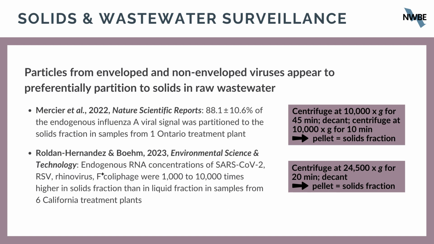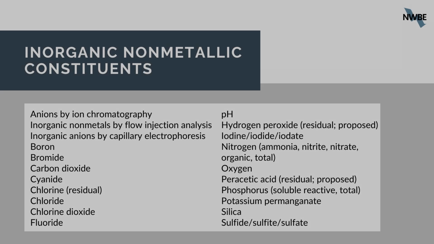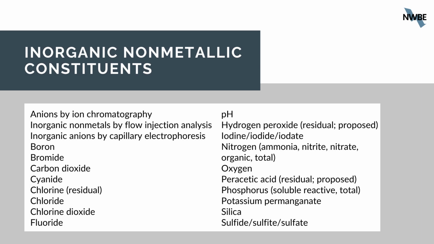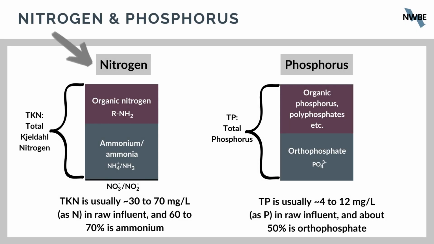So going in order of the chapters in standard methods, the next category of analytes worth mentioning is the inorganic non-metallic constituents, specifically nitrogen and phosphorus. When it comes to nitrogen in raw influent wastewater, most of it is what we call total Kjeldahl nitrogen, or TKN.